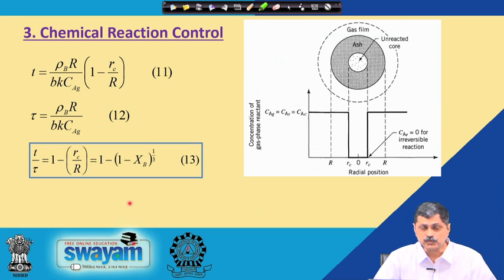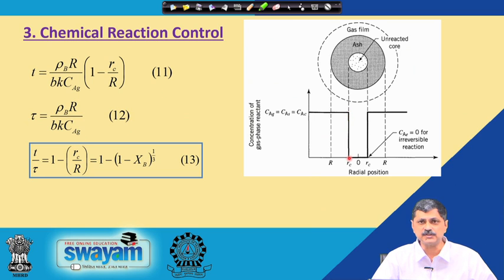Now, we go to case 3, where it is entirely dominated by the chemical reaction resistance. We see that the other two resistances being negligible, the entire concentration drop takes place sharply at the reaction interface.